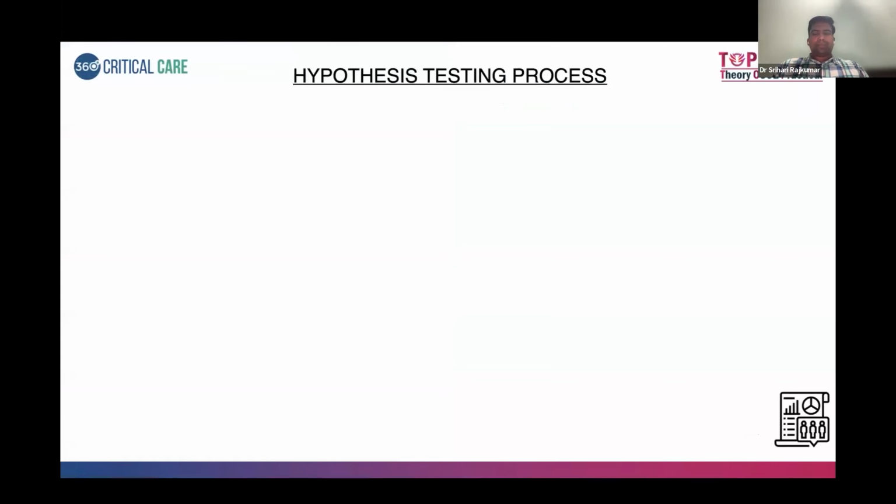Before I go into the topic, let us look at the hypothesis testing process. We have a problem to be defined. For example, we have a thought process of whether smoking causes cancer. Based on that, we proceed for further testing.